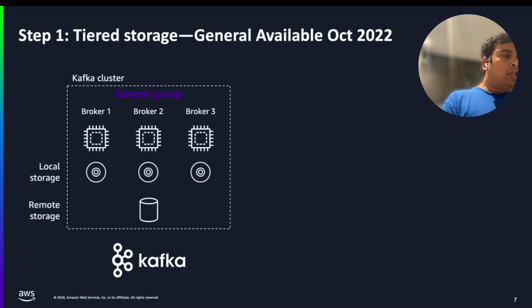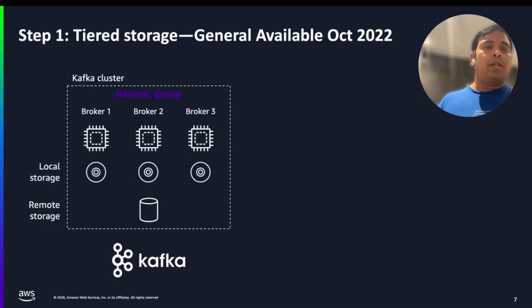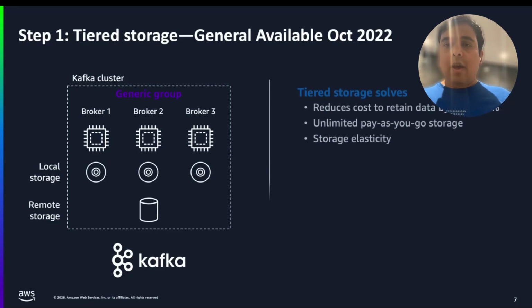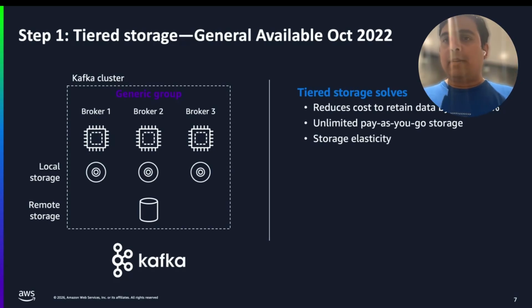That means you can store the hot data in the EBS volume, and you can offload the warm data or the cold data to some kind of remote storage. Tiered storage reduced the cost of retaining data by 60%, and you can store as much data as you want within the Kafka cluster. It essentially solves the overall storage elasticity of Kafka.